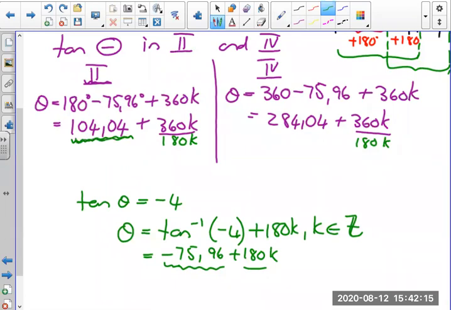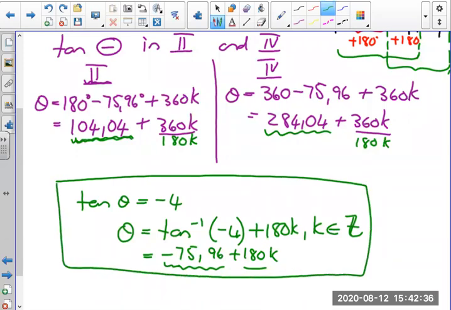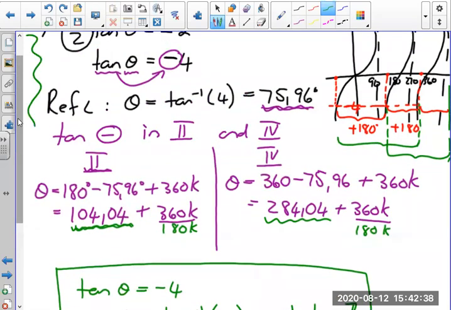There's the answer. Add 180 again. 284.04. Look there. Can you see? Yes. So don't you think this is easier than what I've done here? Yeah, it is. Easy.